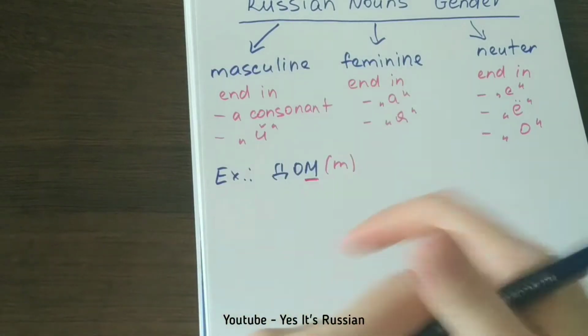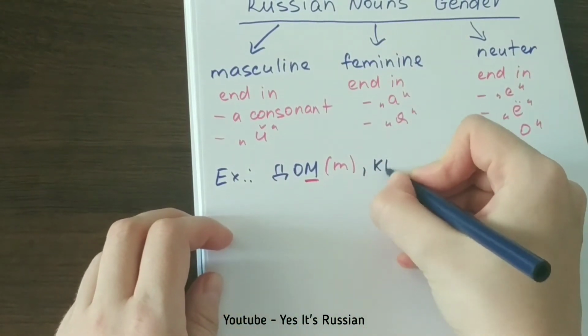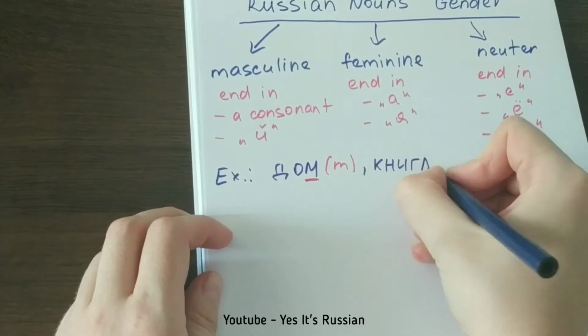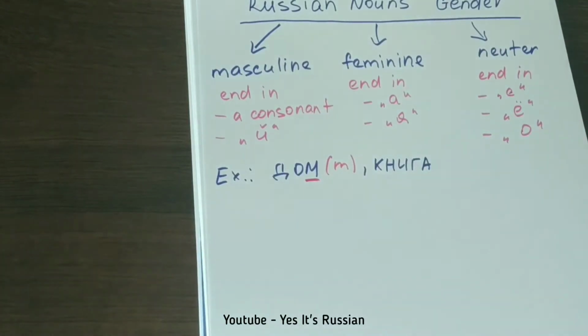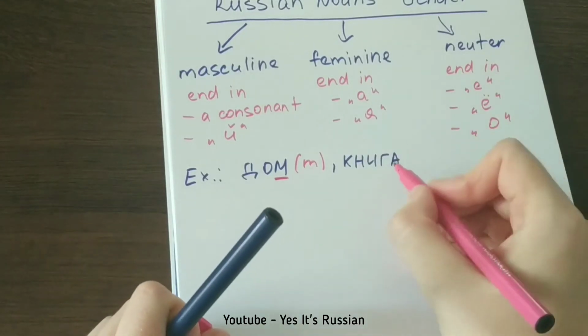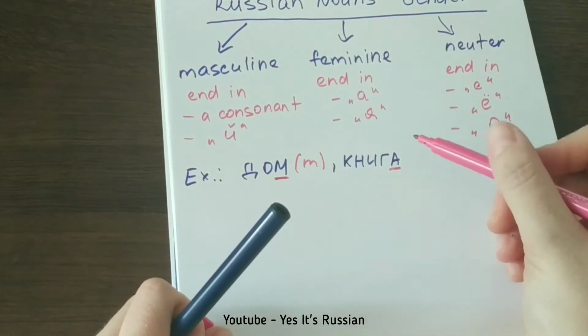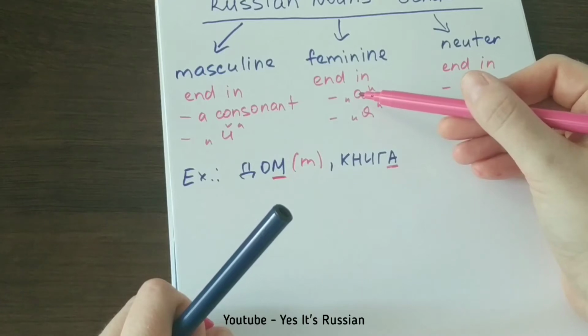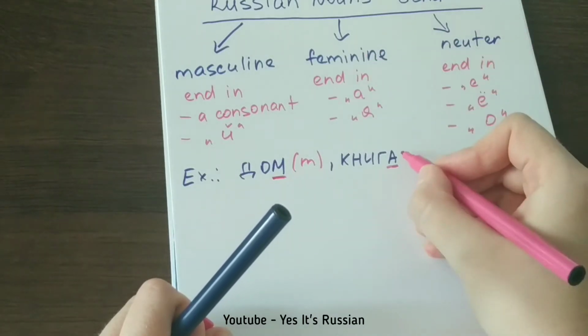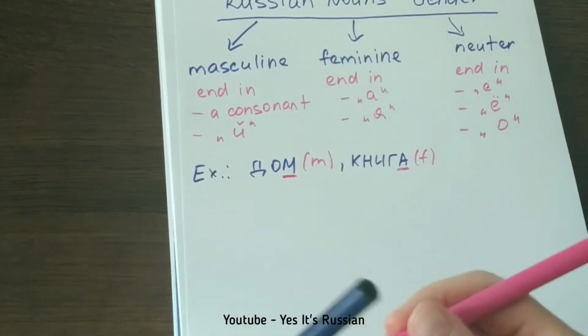Next, let's see this example: Книга, meaning book. This one is ending in A, so if we look at the rules, A corresponds to the feminine gender. So this noun is of the feminine gender.